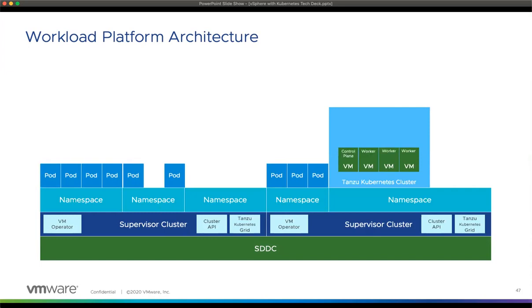Within the virtual machines, one of them is a control plane. There's multiple workers. There's Kubernetes namespaces within that Kubernetes instance, and then pods running within that Kubernetes instance. It's like multiple levels of inception.